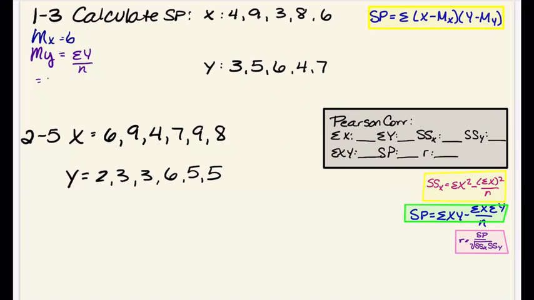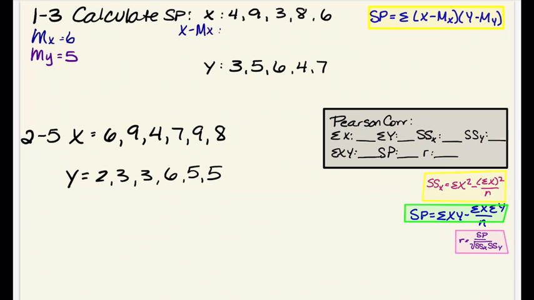We'll come up with a mean of 6. Then we'll add our y scores together and divide by 5 because there are 5 scores, and find a mean of 5. The next step is to calculate how far each score deviates from the mean.